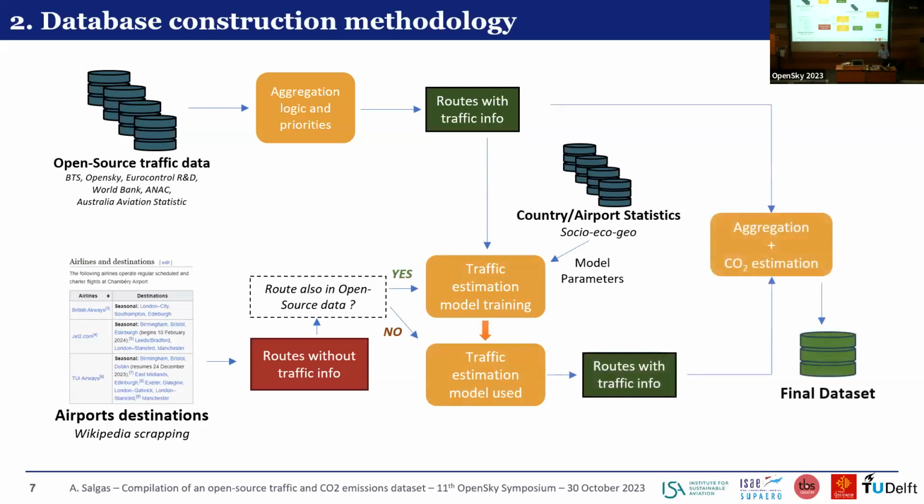And finally, once that is done, we are able to compile it back with the open source traffic data I've talked about earlier to have a broad and complete coverage data set. And in the process, we are also able to estimate the fuel burn and the CO2 estimation.